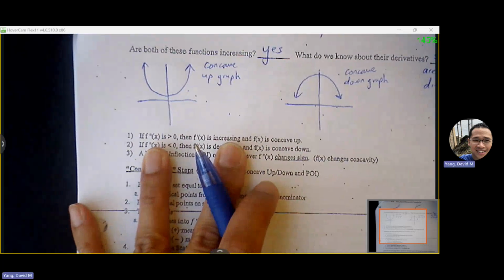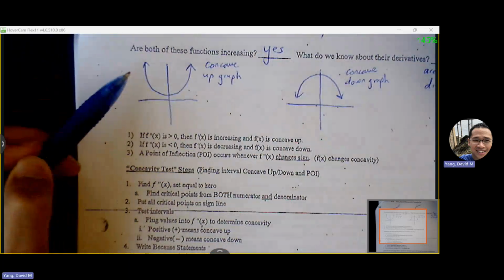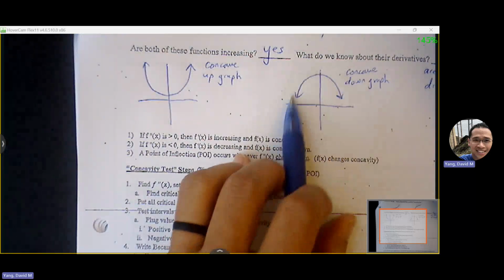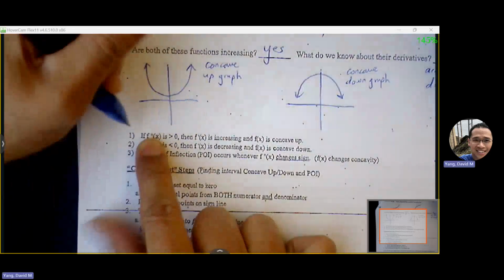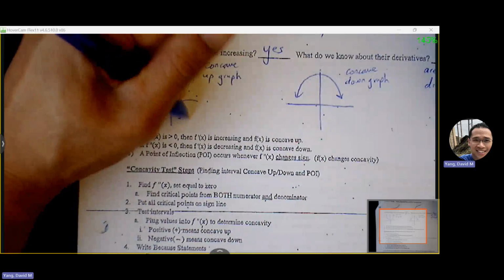So a concave up graph is one that resembles a parabola opening up. Okay? And the concave down graph is where the curvature feels like it's part of a parabola opening down.